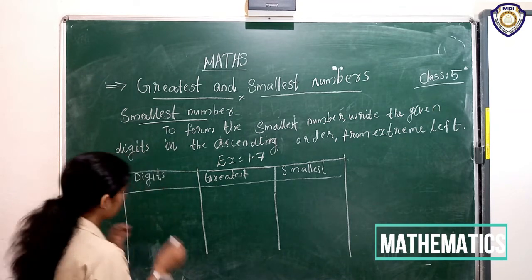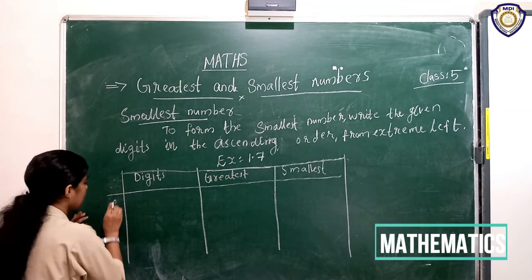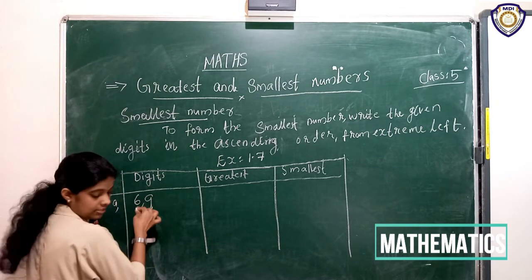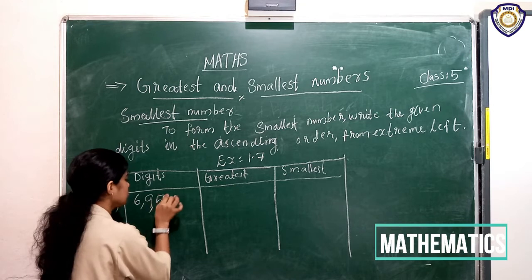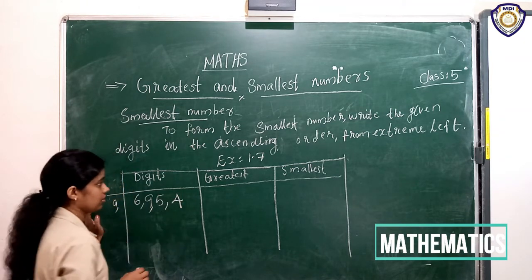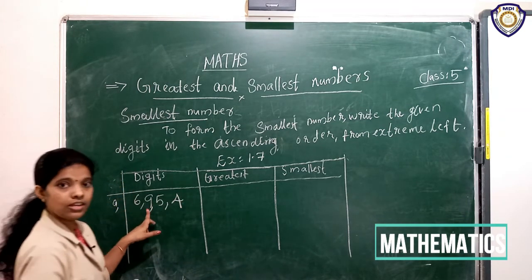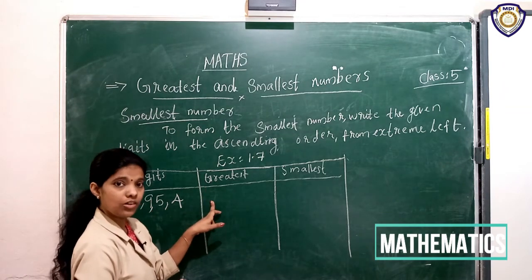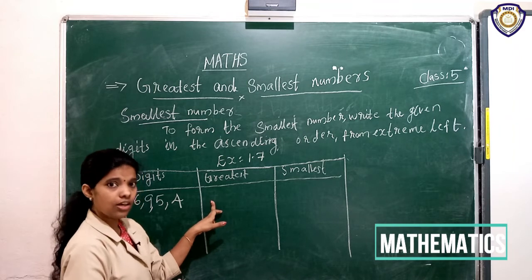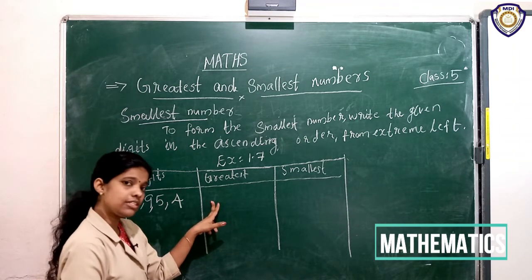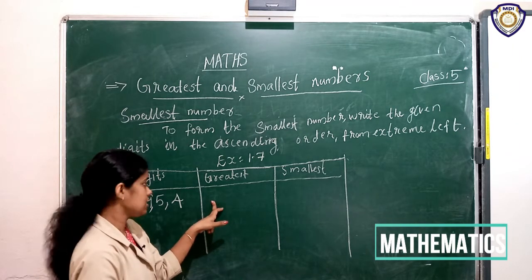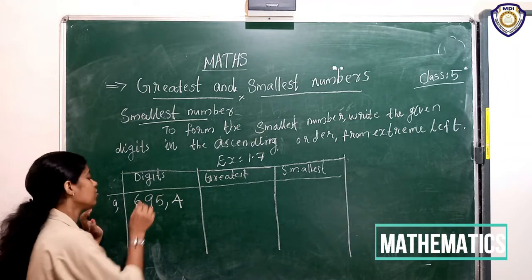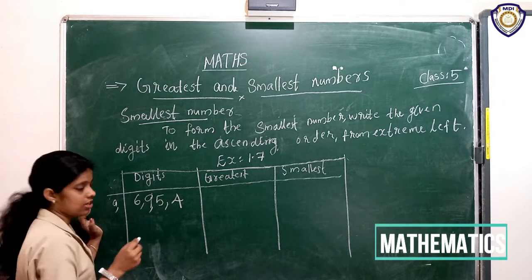Digits are, first one A, 6, 9, 5, 4. Greatest number. How to form the greatest number? Write in descending order. Descending order means largest number to smallest number.